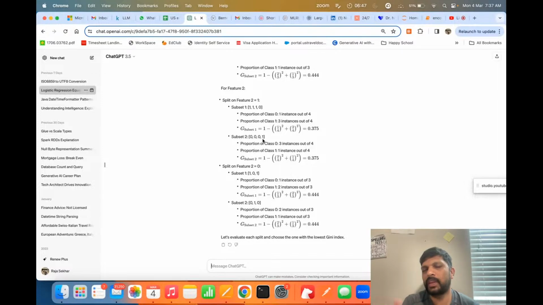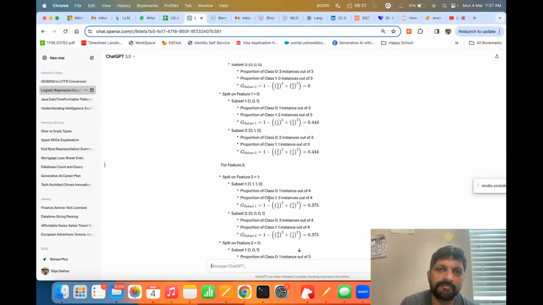I mean, the sum of the subsets should be 8. Correct? How is feature 2 equal to 0 only 3 values on the left side and 3 values on the right side? How is that possible? And what happens to the remaining 2 values, as if they're unknown?